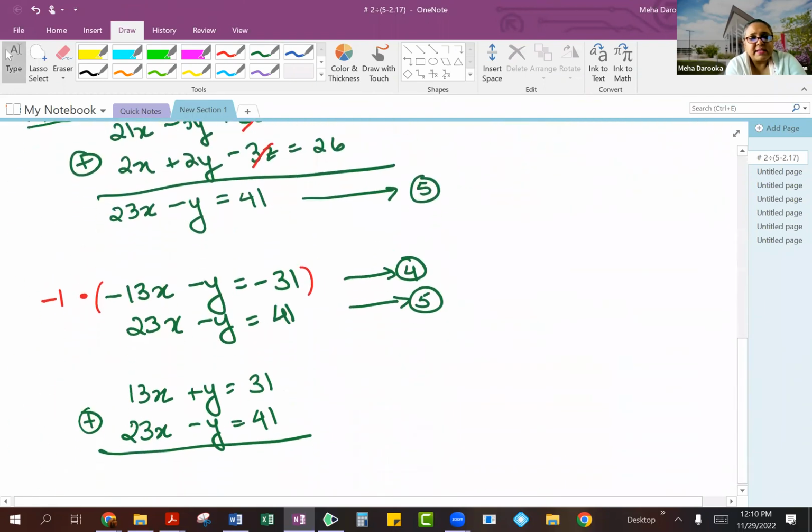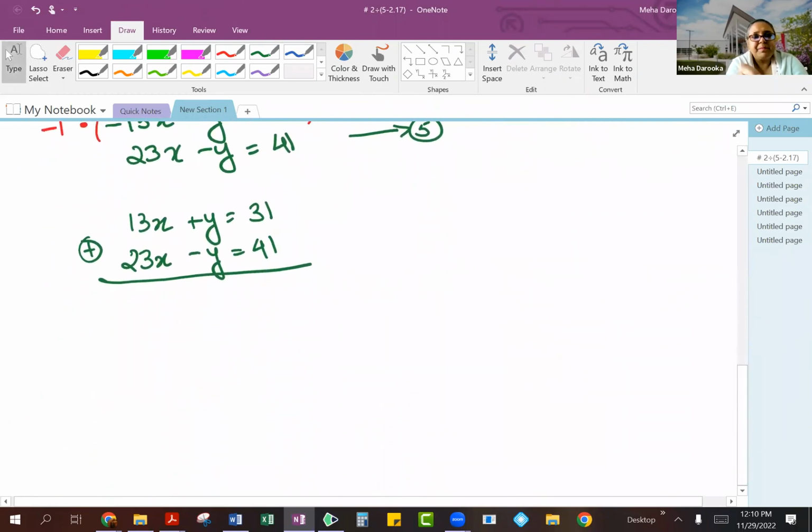And what do you think that x value will come out to be? So clean that up and let me know what you're coming up with for your x value.